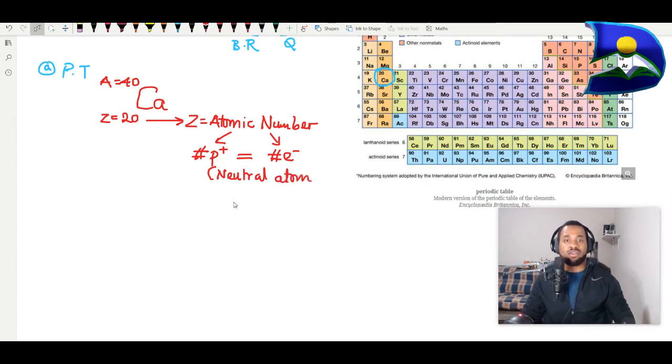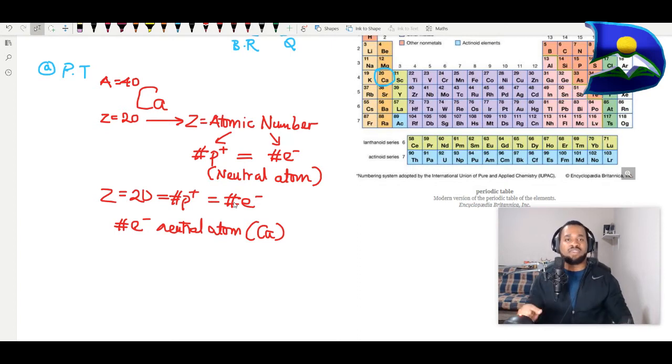So in this particular case, if the atomic number, Z, is equal to 20, this means the proton number is equal to 20 and the number of electrons we want for a neutral atom of calcium is equal to 20 as well. So we are able to determine the number of electrons in a neutral atom of calcium.